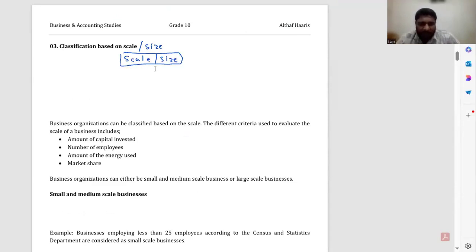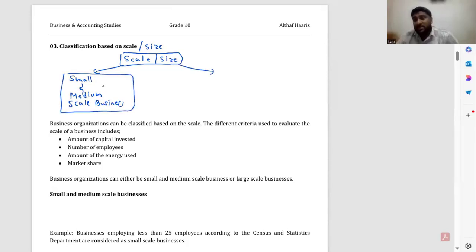As I told you previously, we can classify small and medium scale businesses, like small and medium sized businesses, and big businesses, large scale businesses.